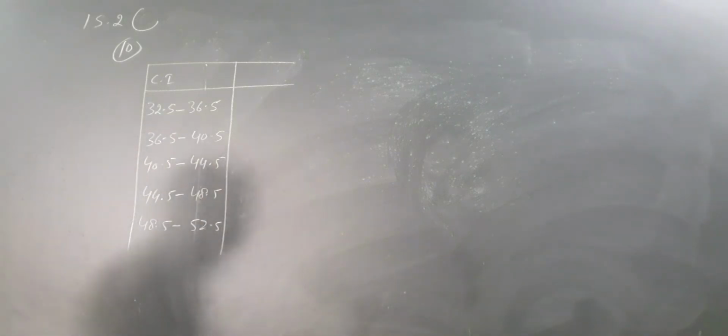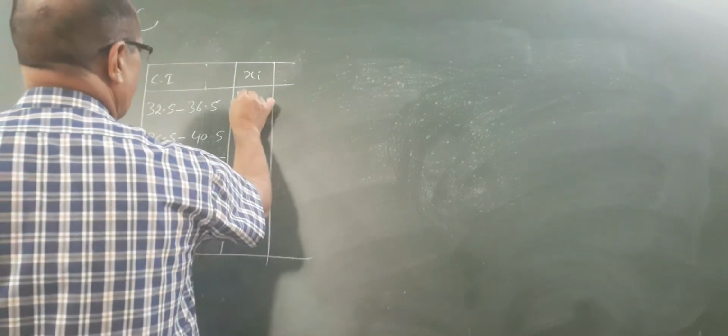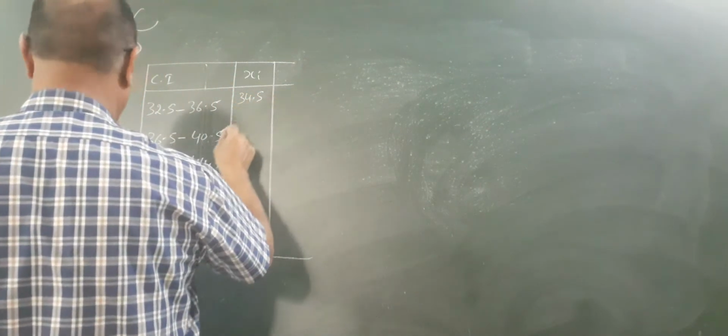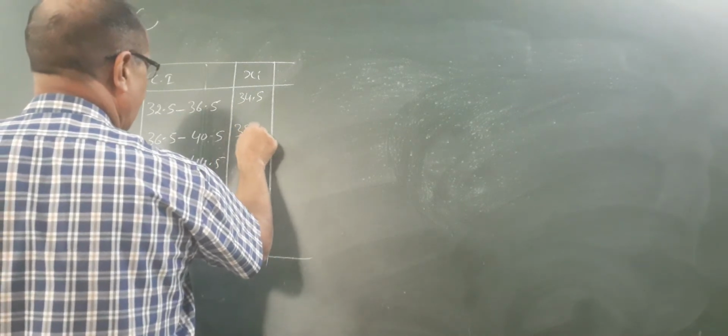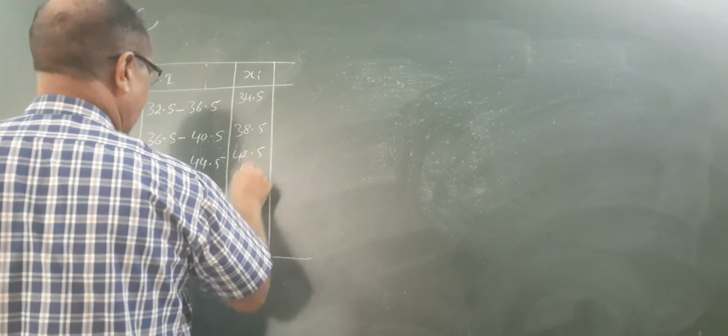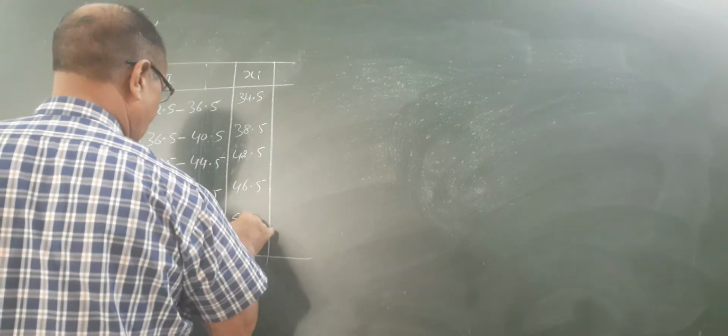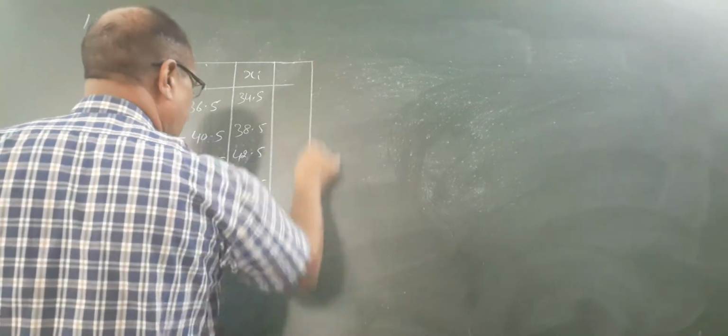First of all you have to write it in the continuous data form, then write its xi, means by adding these two and dividing by 2, so this will give you 34.5 and 38.5 and then 42.5 and then 46.5 and this becomes 50.5, and then write its frequency.